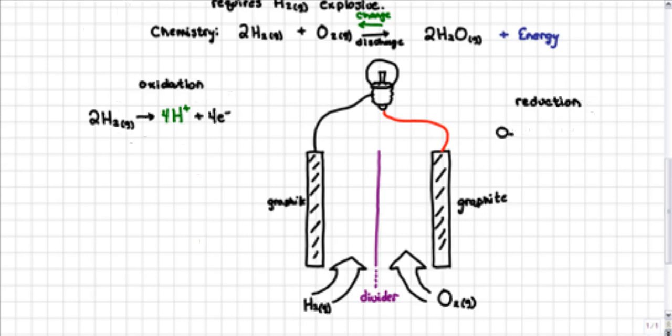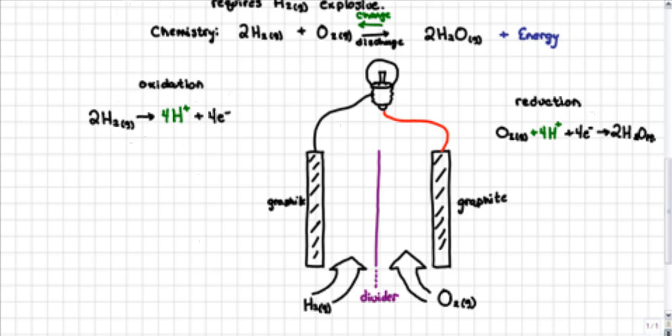And so we're going to have oxygen gas combining with four protons and four electrons to make two water molecules. Now, if you combine these half reactions, the oxidation and reduction half reactions, you'll be left with everything that I have up there labeled as chemistry, the overall net reaction in this case.